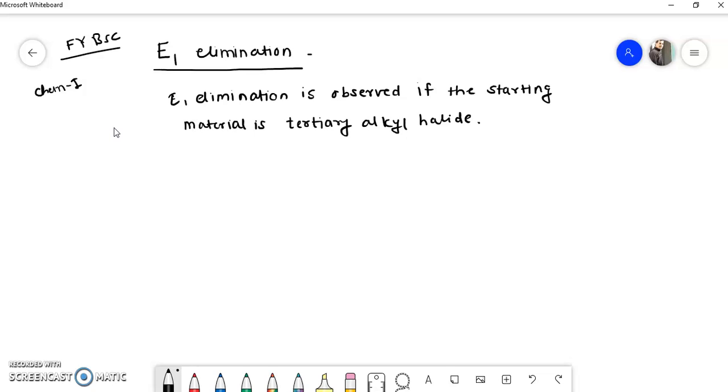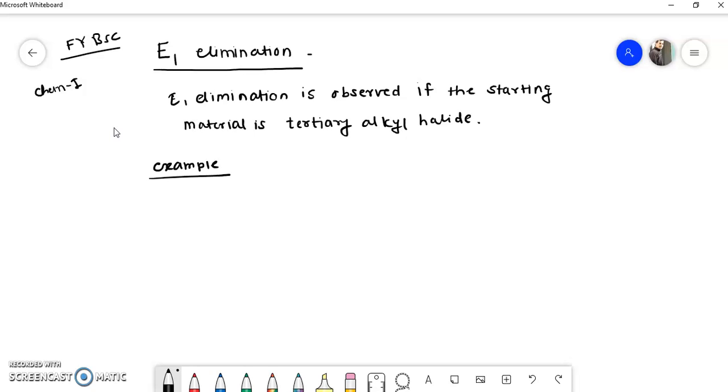That means if a tertiary alkyl halide is subjected to a base, then we get the E1 elimination product. So I will take one example of this E1 elimination.